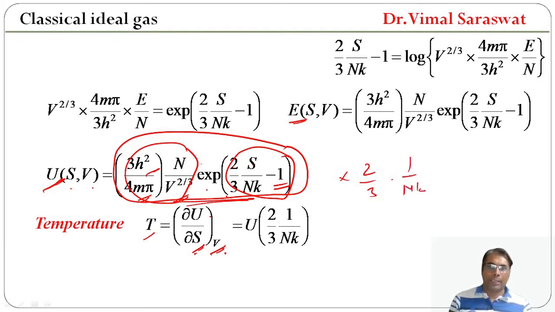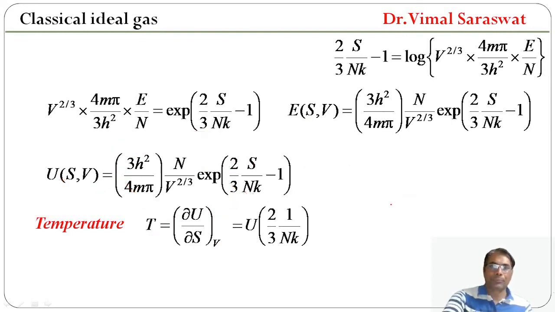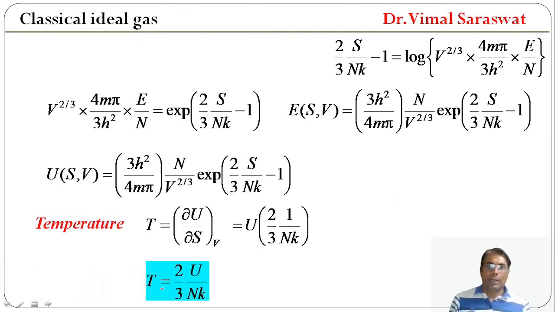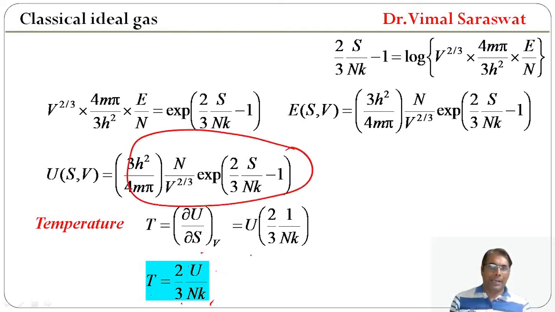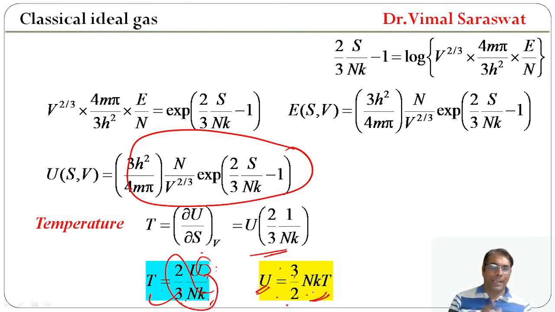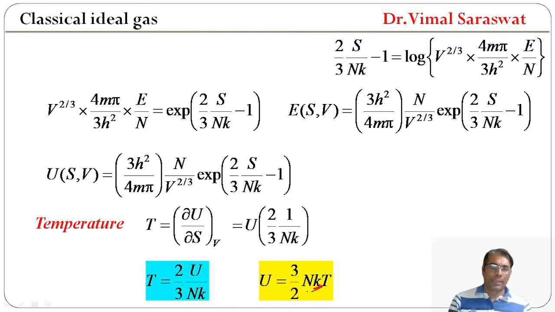So T equals U times 2/3 times 1/Nk, and therefore T equals 2/3 U/Nk. And therefore internal energy U equals 3/2 NkT. To get U from here, we transfer this term from here to here. So U equals 3/2 NkT, and here k is Boltzmann's constant.